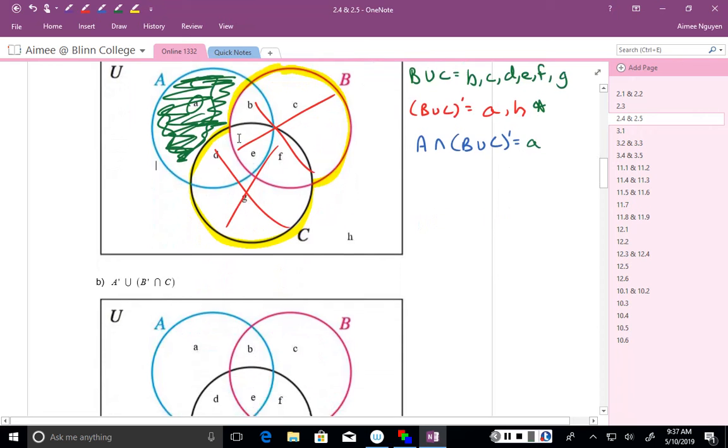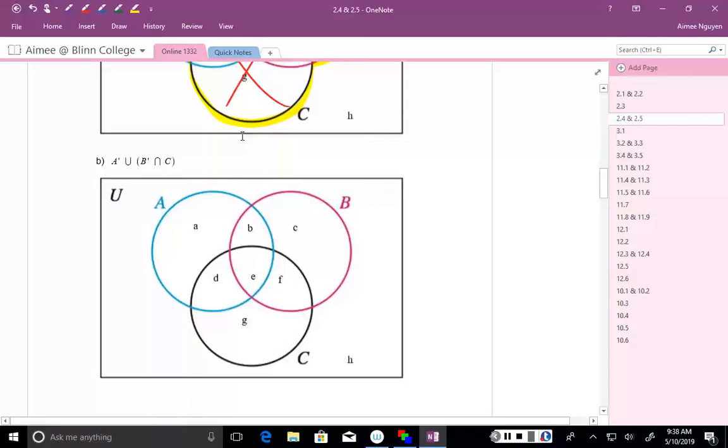So let's do another one. This one is usually a little bit trickier to do just by thinking about it, because we have a lot of complements here. We have intersections inside, unions outside, and so this can usually get trickier for people. So I'm just going to rewrite my universe and my sets. If you already have them on the paper, you don't need to rewrite them.